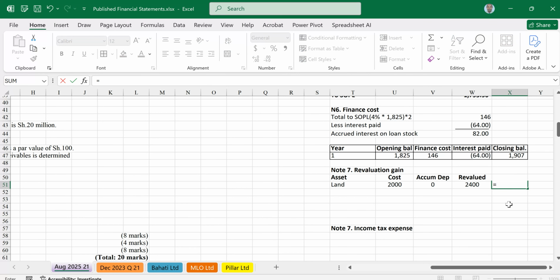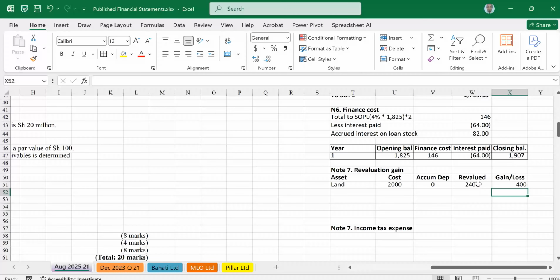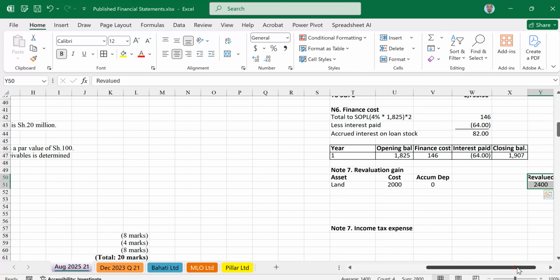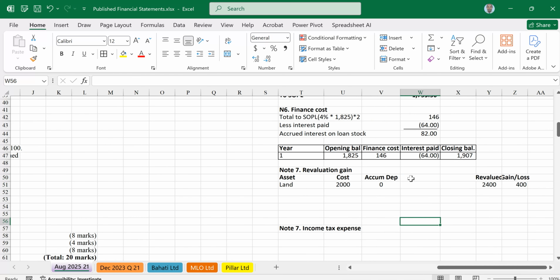So the gain will be 2.4 minus 2. So this is something that I've skipped. This should be net book value. Then this should move here.